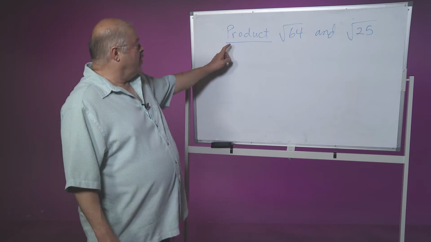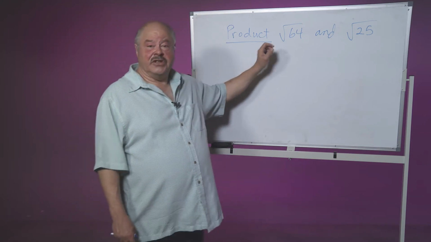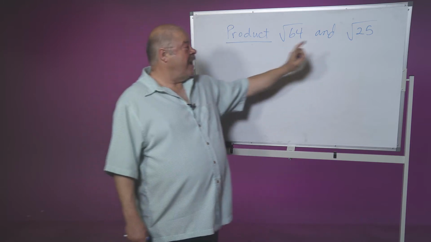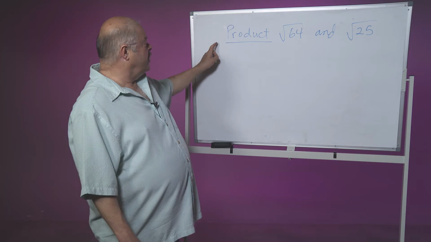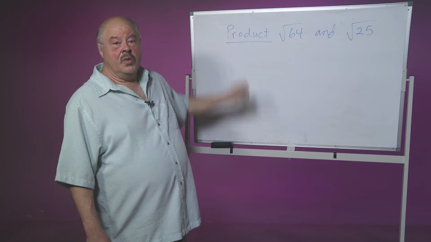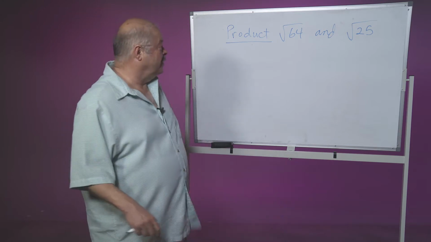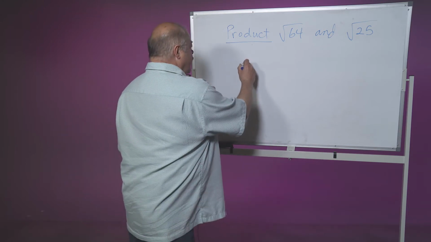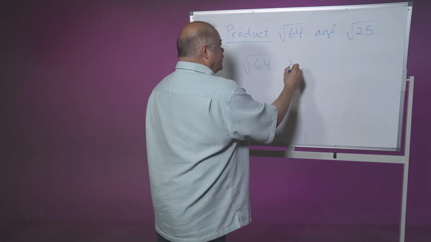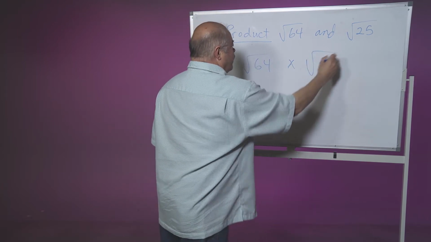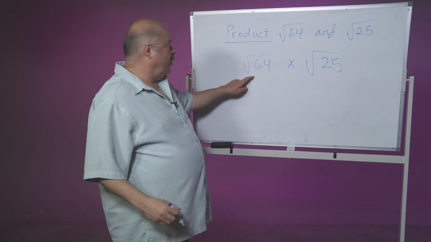So here's a question. What is the product of the square root of 64 and the square root of 25? Well, whenever we see the word product, we need to think we're multiplying two numbers together. So we're multiplying the square root of 64 times the square root of 25. Well, what is the square root of 64?